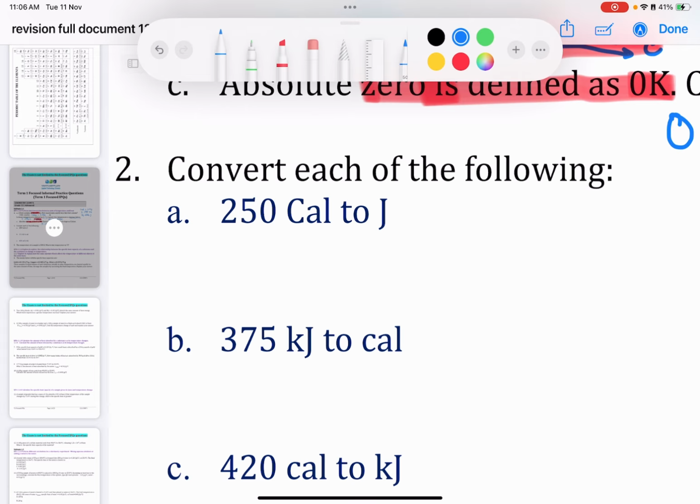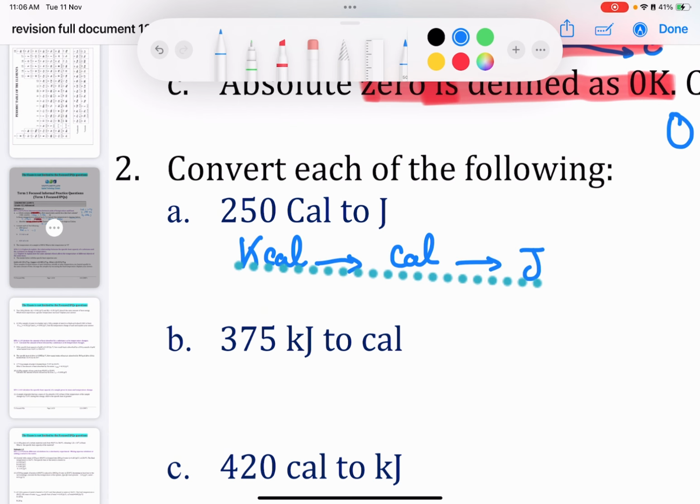In my question, the 250 Cal is in kilocalories. I need to convert it to joules. So first I'm going to convert it to calories, then from calories to joules.